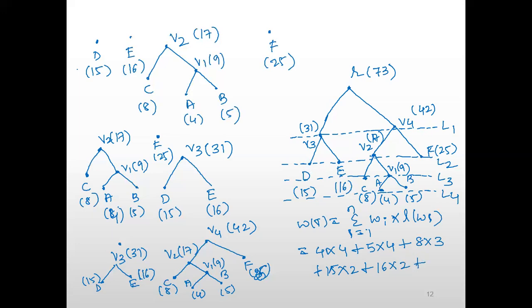A, B, C, D, E, and finally we have the leaf node F. F is having a weight 25 and F is at the level 2, hence 25 into 2. So finally we have 4 into 4, 5 into 4, 8 into 3, 15 into 2, 16 into 2, 25 into 2. So the value we are going to get for the optimal tree is 172.